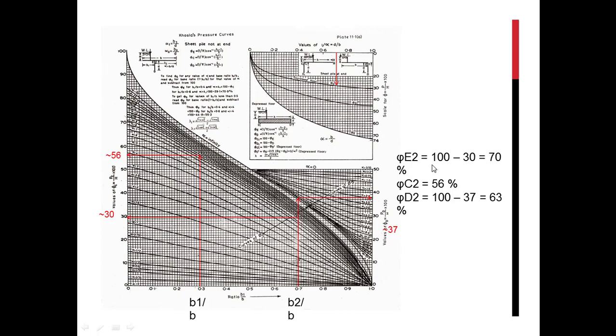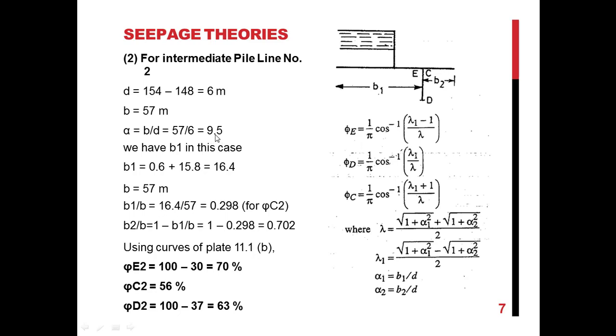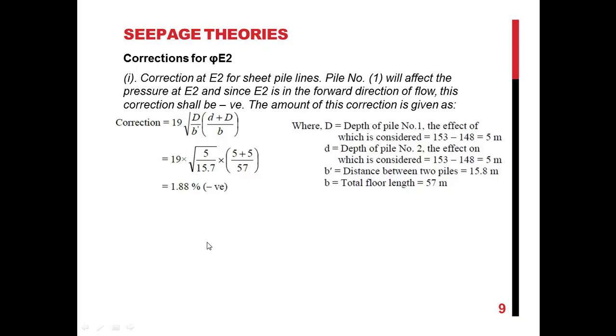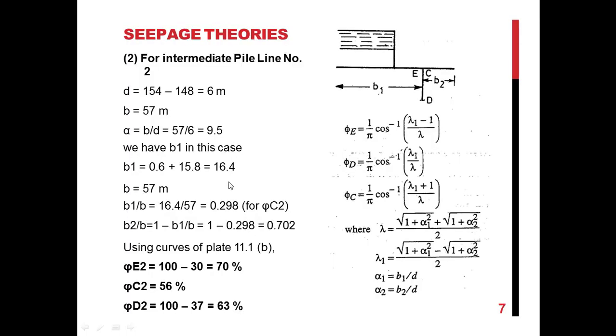The equation for phi E2, for finding the percentage pressure at E2, is equal to 100 minus phi C, while to find the percentage pressure at phi D2 is equal to 100 minus phi D. So finding the value of phi C using B1 divided by B and alpha equal to 9.5, this is the value of alpha 9.5, and this is the value of B1 divided by B, which is 0.298.